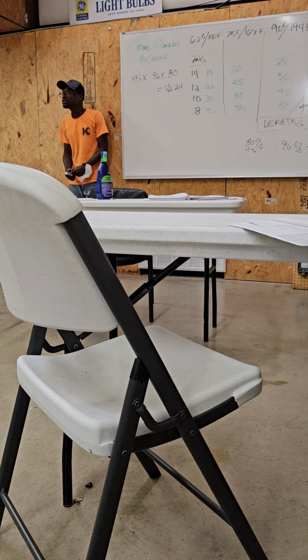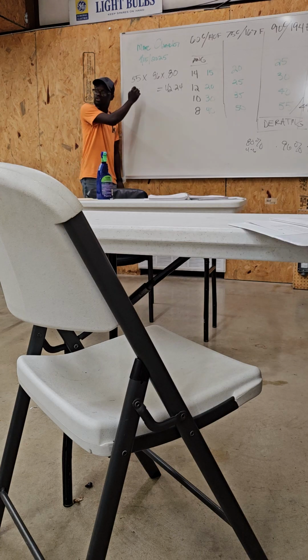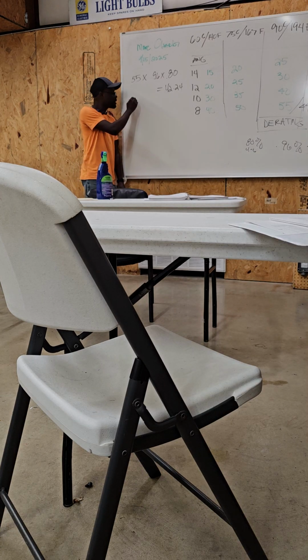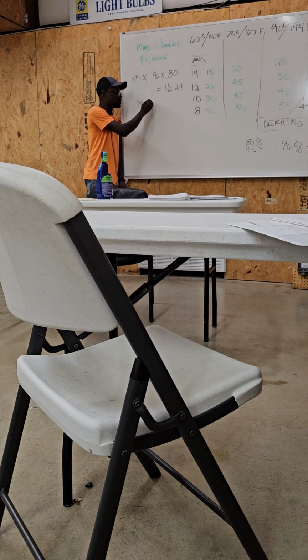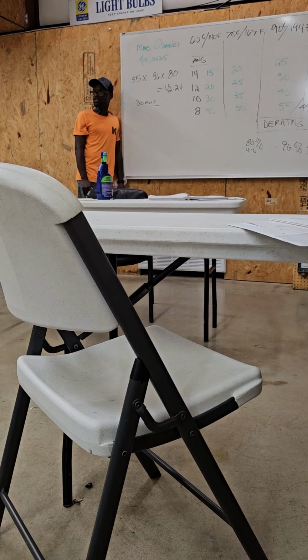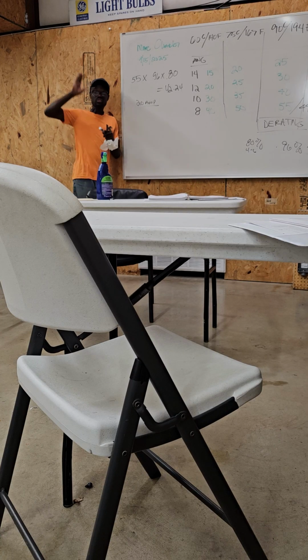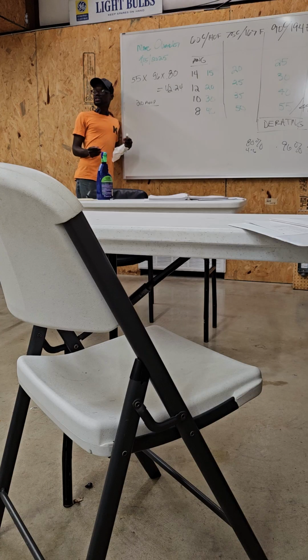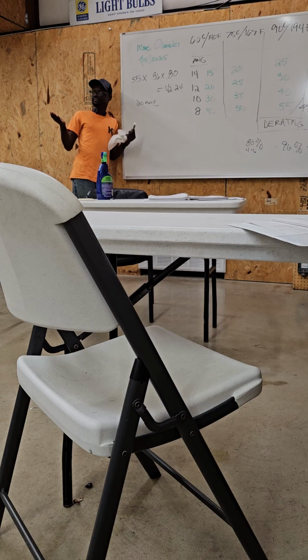Those lights don't pull nothing. Matter of fact, all of those number 8s that we were pulling are going on 20 amp breakers. So I know for a fact I am safe. I don't even have to worry about doing any voltage drop because there is no way those lights are ever gonna pull that much.